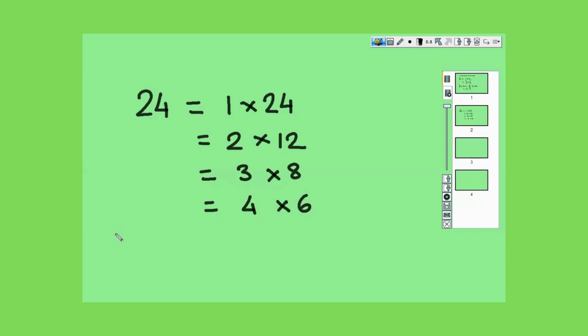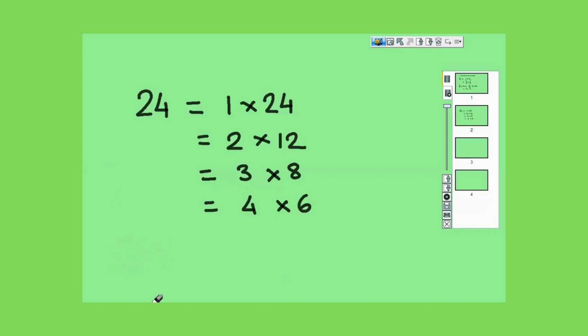Now many of us have a habit of writing it this way, 24 equal to, and then we write down the factors. This is not the way we should write. So what exactly do we need to write when finding the factors?